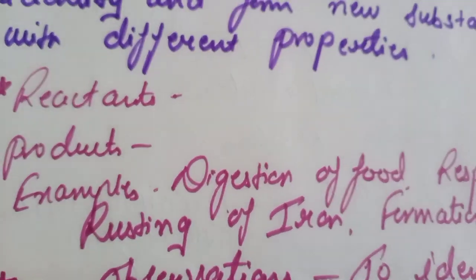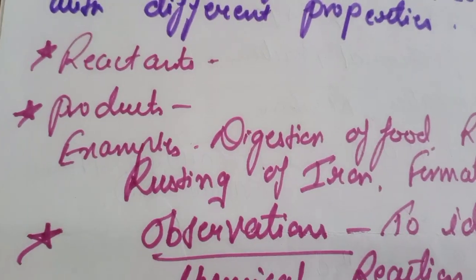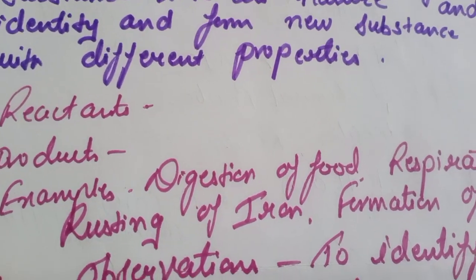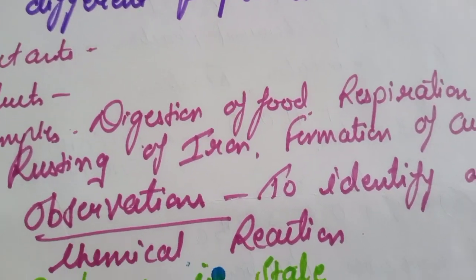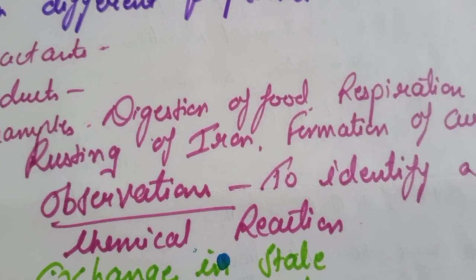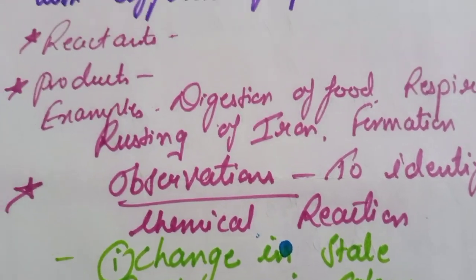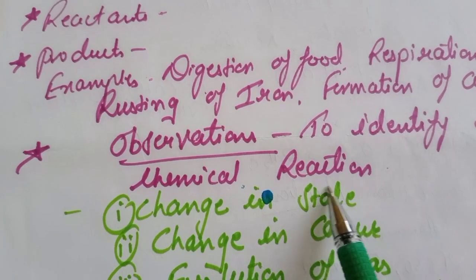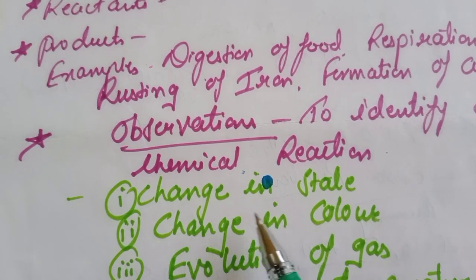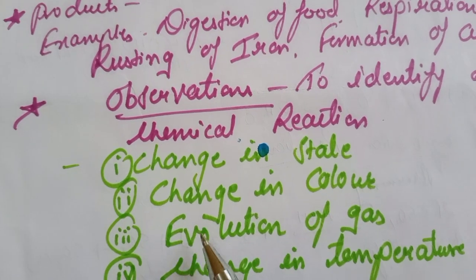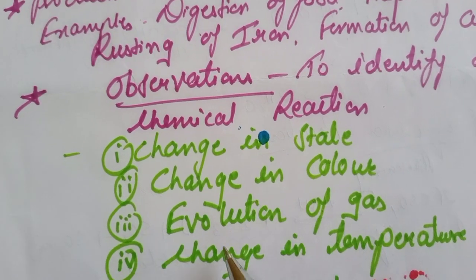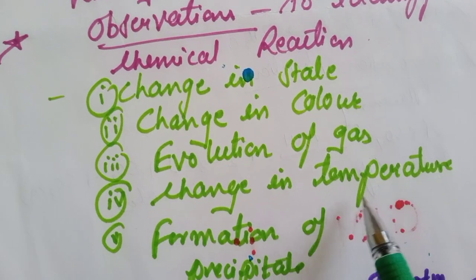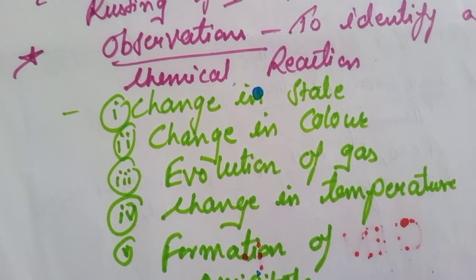So in any chemical reaction, the observations are very important. Observations are important to identify a chemical reaction. So what are the observations? Let us see. Change in state, change in color, evolution of gas, change in temperature, and formation of precipitate.